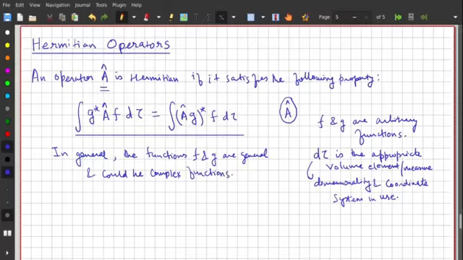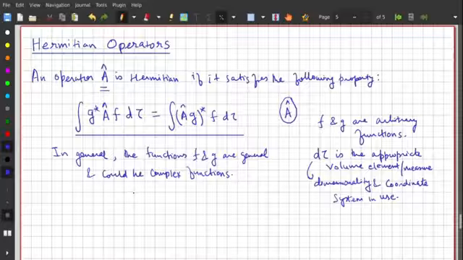That's a very important thing, because you will see that is the reason Hermitian operators are so useful in quantum mechanics, because these eigenfunctions are inherently complex, and the wave function specifically, as you will see, is a complex valued function in general.